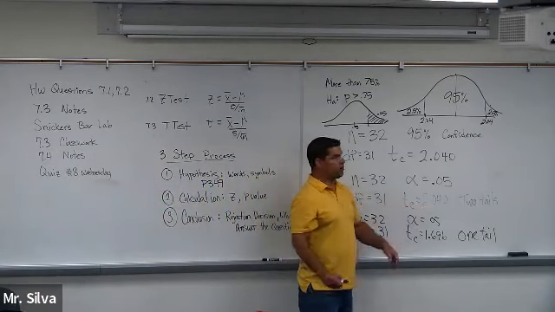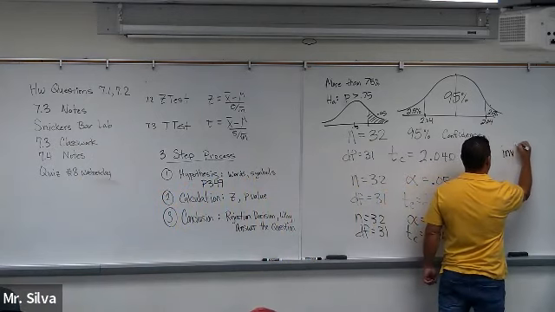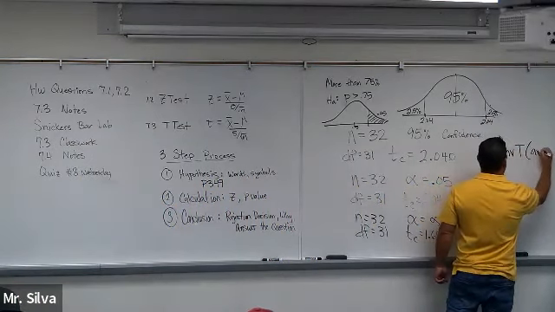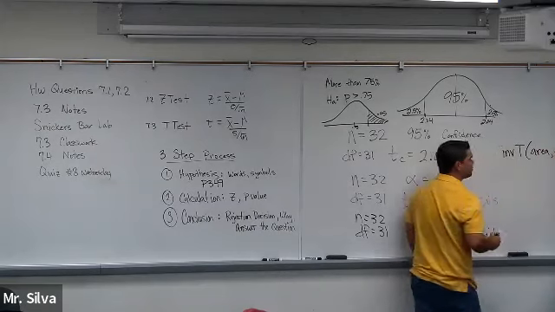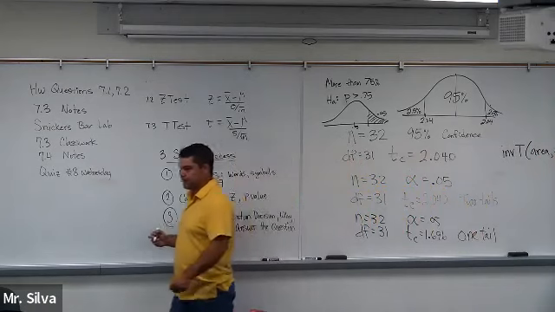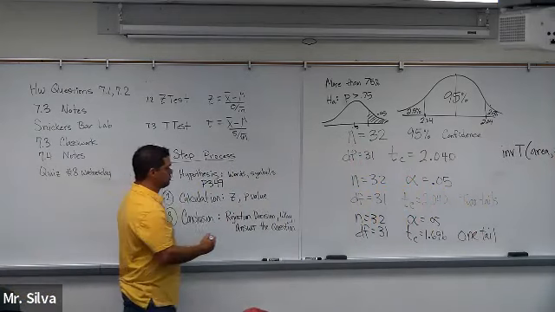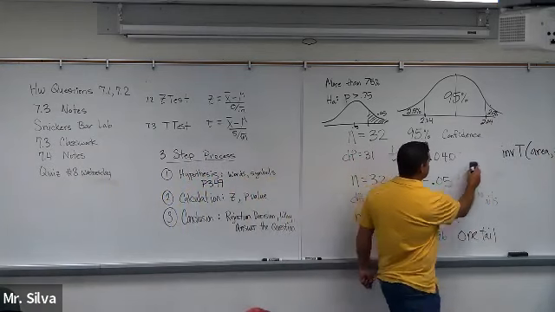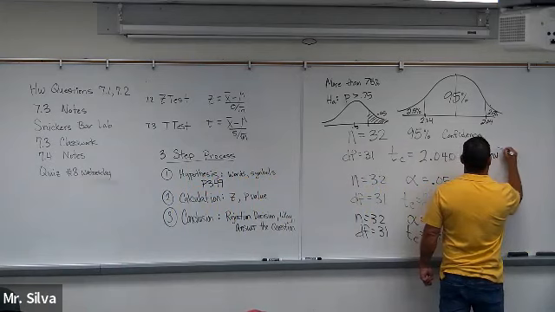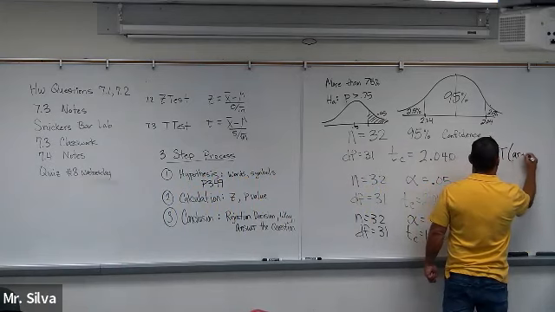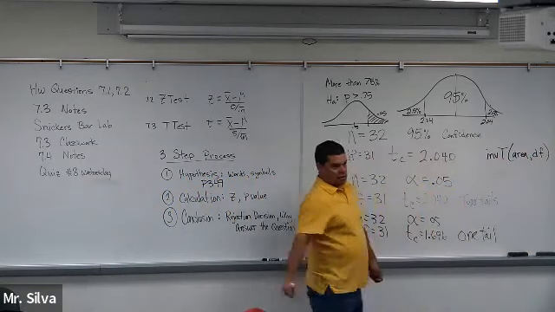Where do they come from? If I do inverse T, I'm going to put in the area and the degrees of freedom. Let me move this over slightly. So what's the area?